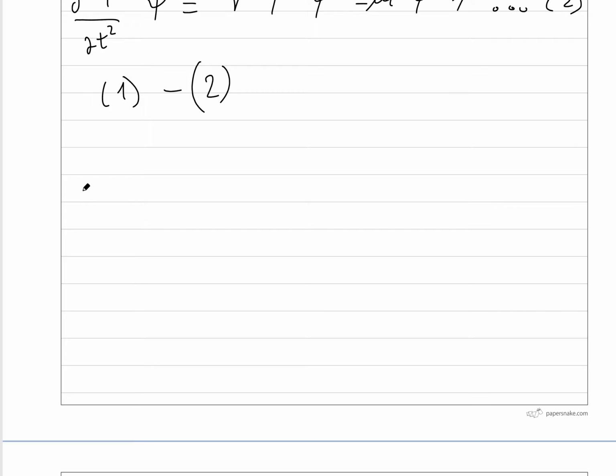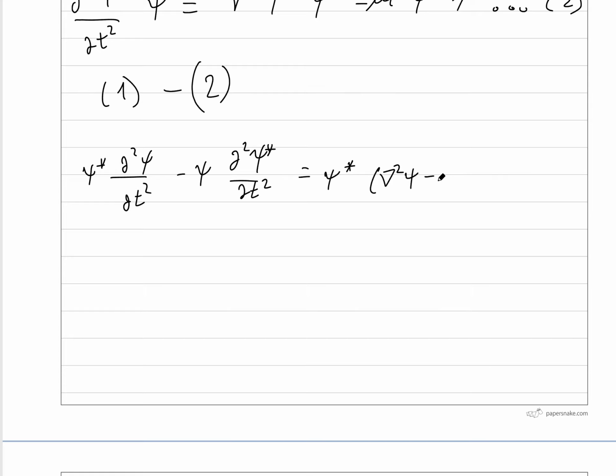Just subtracting the parts, we get psi star partial squared psi over partial t squared, minus psi partial squared psi star over partial t squared, which is equal to psi star del squared psi minus m squared psi, minus psi del squared psi star minus m squared psi star.